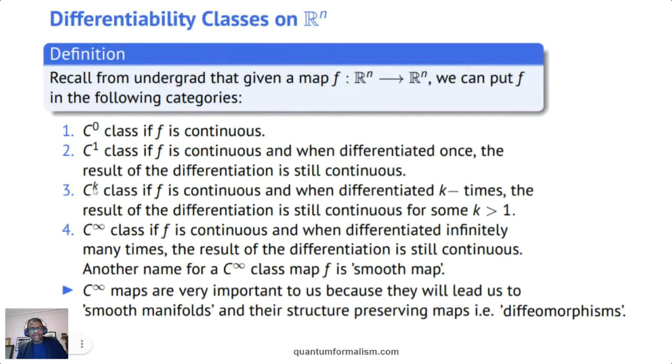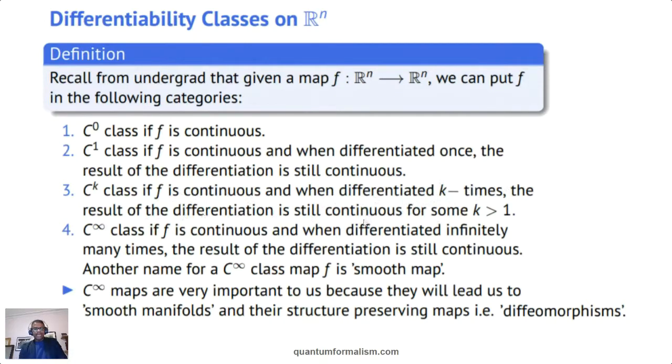We say F is of class Ck, where k is greater than or equal to 1, if F is continuous, and when differentiated k times, the result of the differentiation is still continuous.